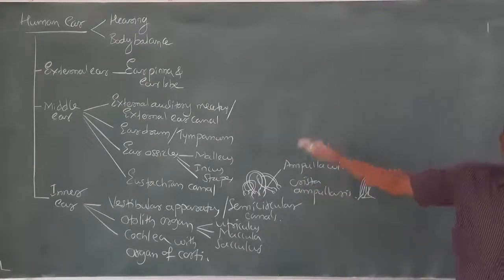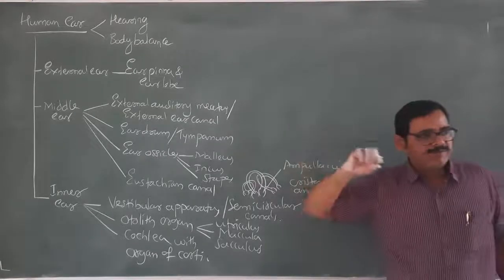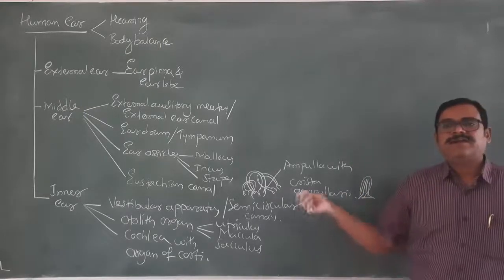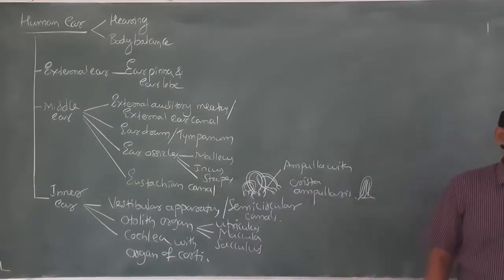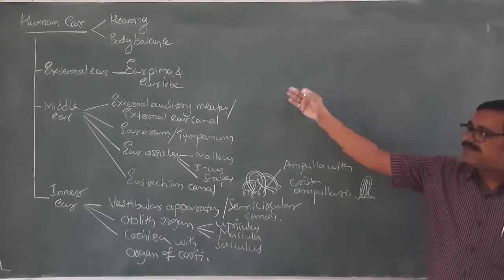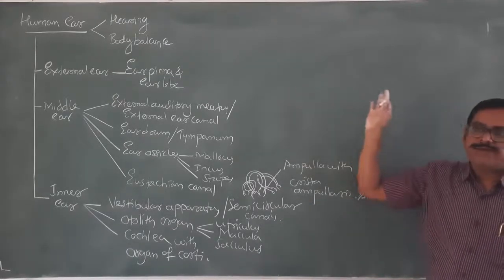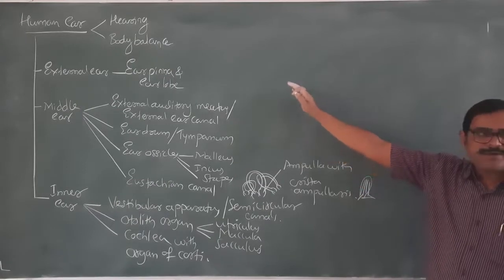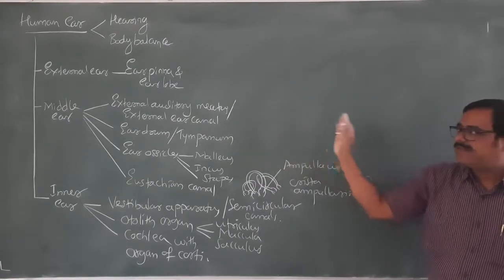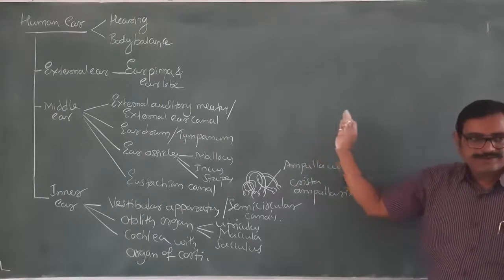The middle ear has important components such as the external auditory meatus, meaning the ear canal, which has tufts of hairs and certain sebaceous glands, or oil glands. It is a kind of filter that avoids the entry of dust particles. Then the eardrum, or tympanic membrane, moves because of vibrations.